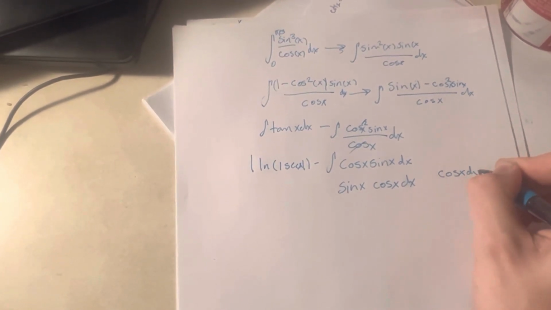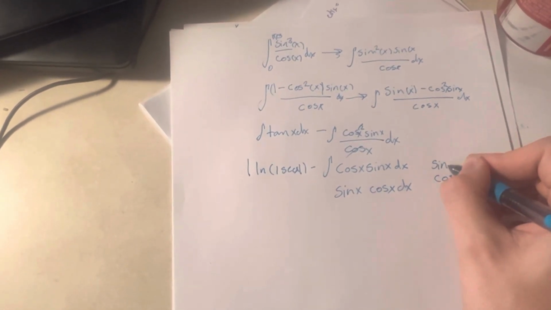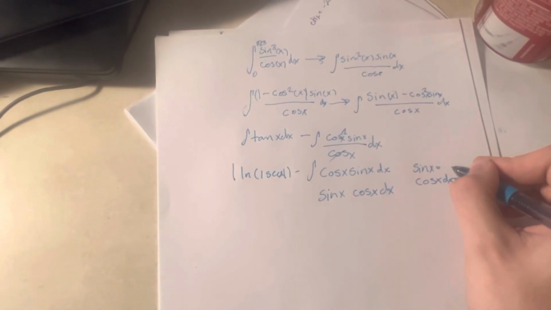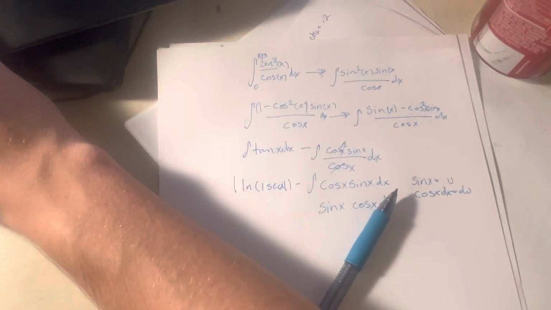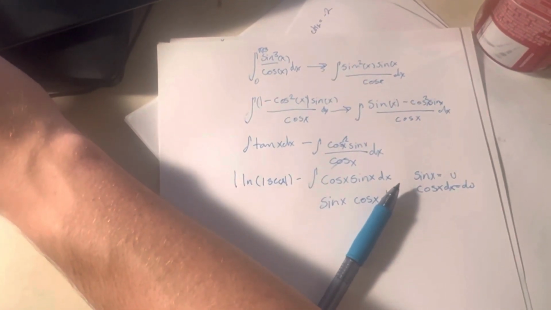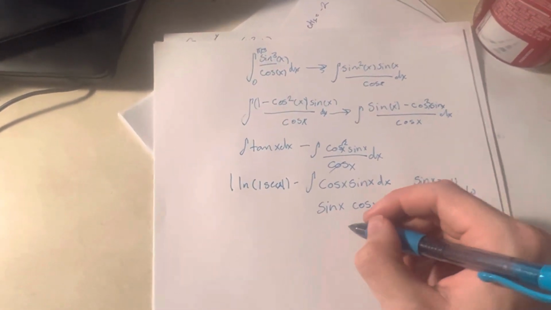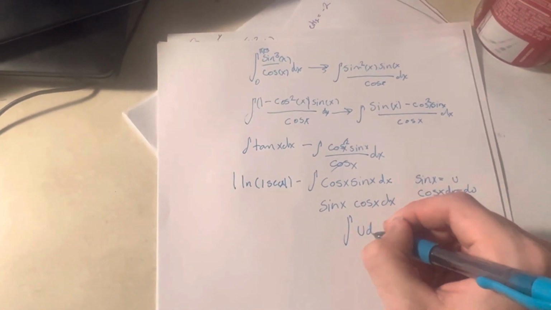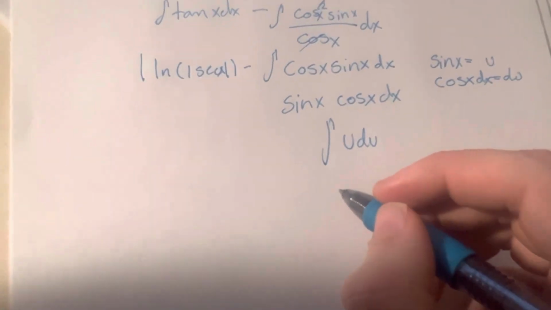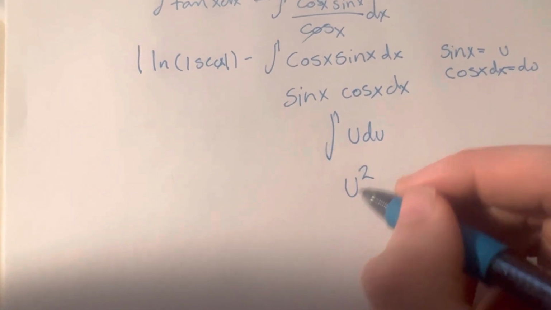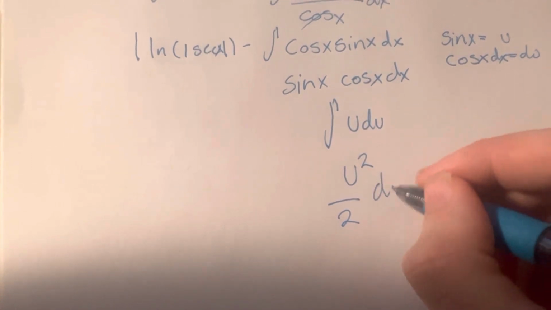cosine x dx as our du and sine x as our u. So by doing so, we've created a u substitution. After solving for this u substitution, we could create a standard integral of u du, and then we can solve this integral simply, since it's now a linear function, as u squared over 2.